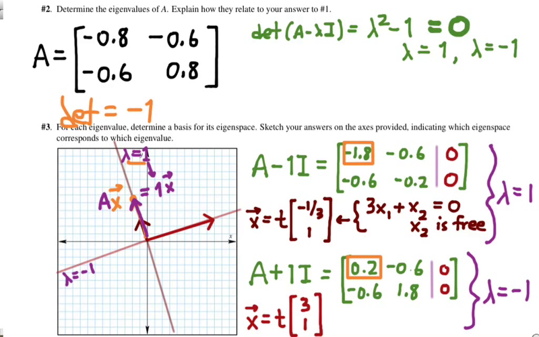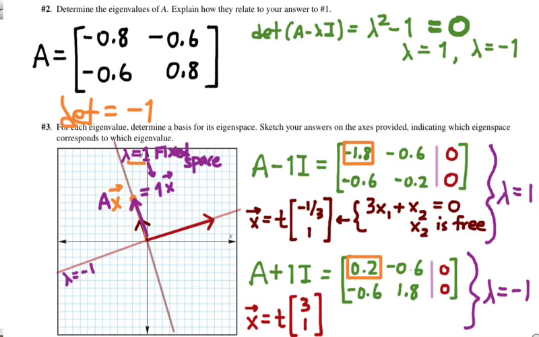Nothing. Lambda equals 1 is what we call the fixed eigenspace. In other words, every vector that starts in that line is going to stay exactly where it is when A acts on it, because Ax is equal to 1 times x for vectors x that lie in that eigenspace.